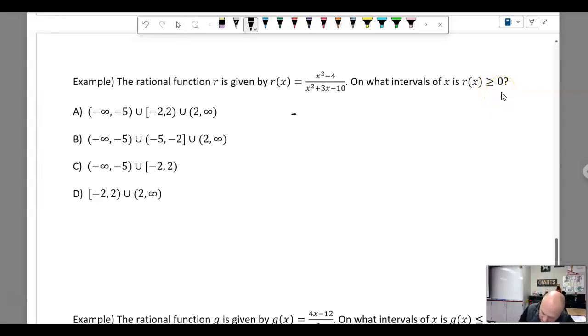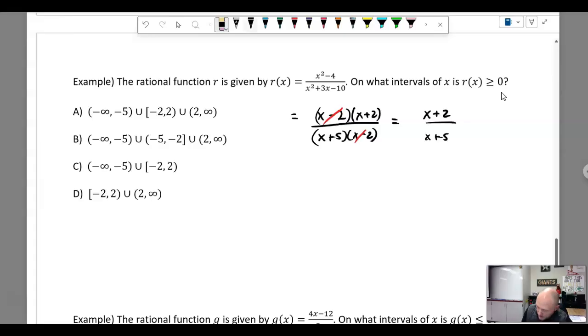So the first thing I'm going to do is factor this expression: x minus 2, x plus 2, divided by x plus 5, x minus 2. And what I notice about this expression is that we have a hole at 2. When I reduce, I get x plus 2 over x plus 5, okay?